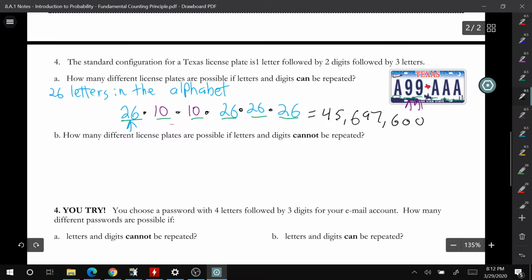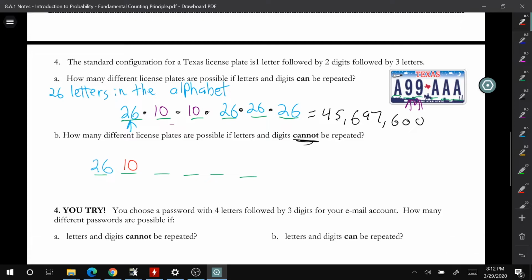Now part B says how many different license plates are possible if letters and digits cannot be repeated. Okay, so that changes things a bit. So I'm going to start with my 6 blanks, or my 6 character placeholders. And again, the first letter could be any letter, A through Z, so I have 26 options. The next character could be any digit, 1 through 9 and then 0, so I have 10 options.